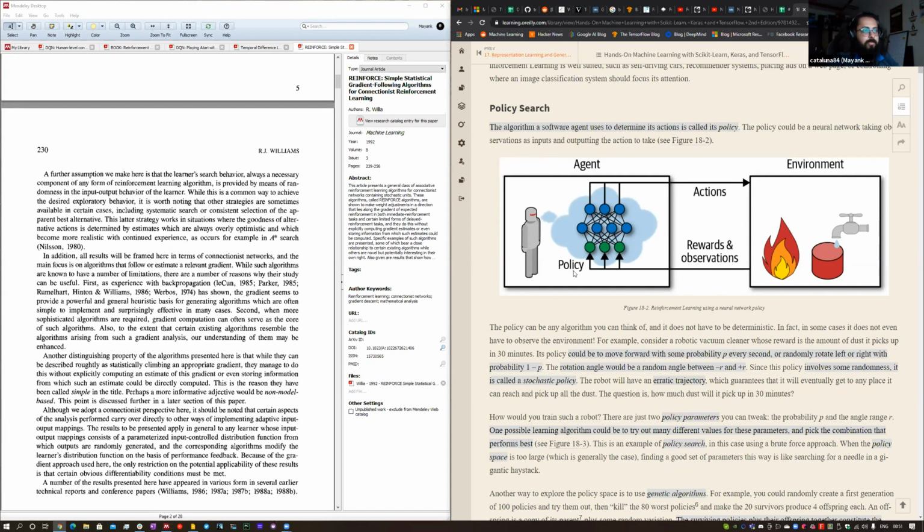If I expand this figure, the cloud here represents the policy, a three-layered network. The input comes in, passes through a set of dense or fully connected layers, and actions are taken with respect to the environment.